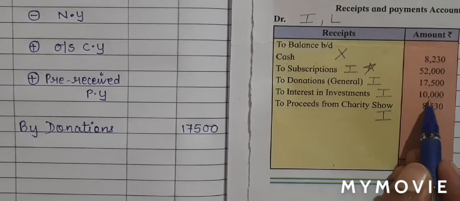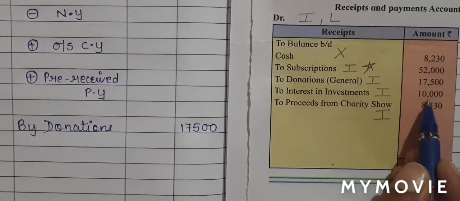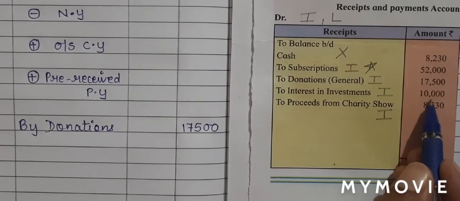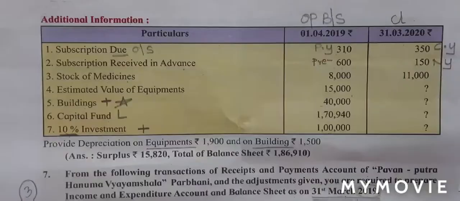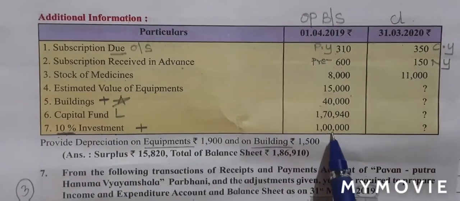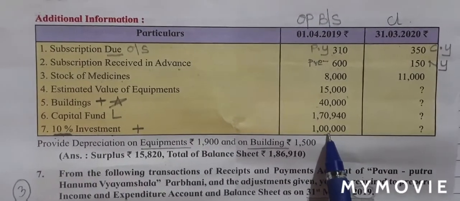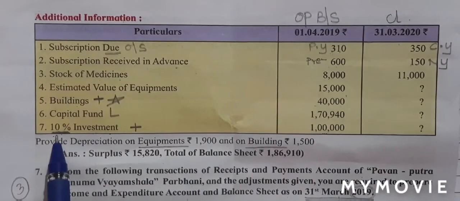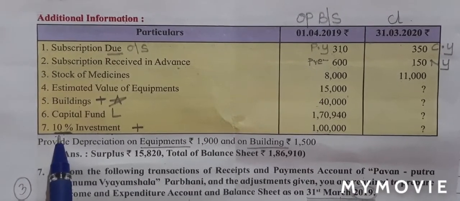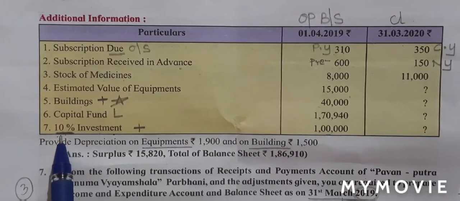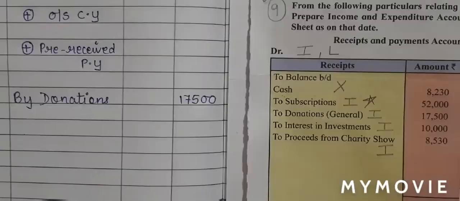Students, while reading the adjustments, we saw that there was a hidden adjustment given for investment. So let's have a look at the calculation. They have given us 10% investment, amount is rupees 1 lakh, which means on 1 lakh we will calculate 10%. So 1 lakh 10% will be 10,000 rupees, which means interest on investment has to be rupees 10,000.